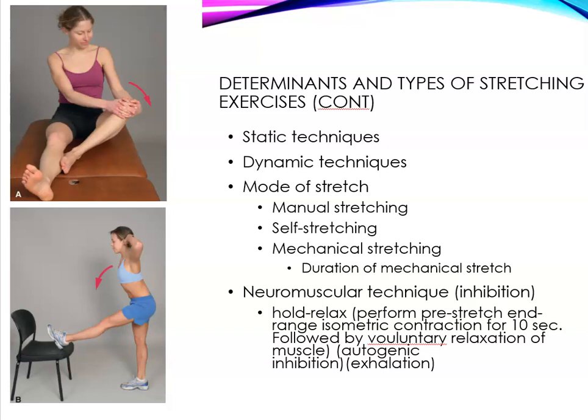Hold-relax and contract-relax. With the HR and CR procedures, the range-limiting target muscle is first lengthened to the point of tissue resistance or to the extent that is comfortable for the patient. The patient then actively performs a pre-stretch in-range isometric contraction of the range-limiting target muscle against manual resistance applied by the clinician.